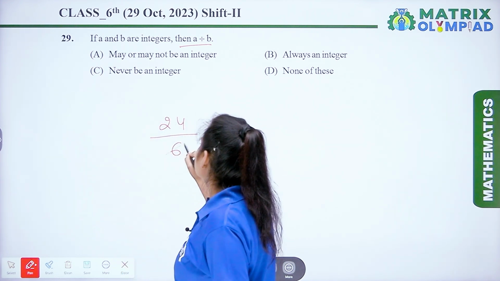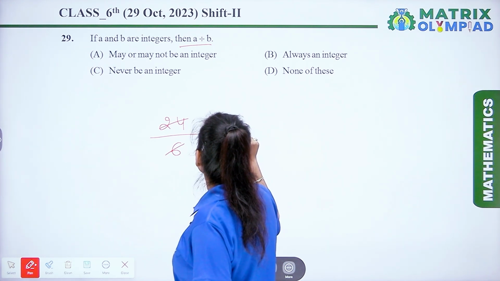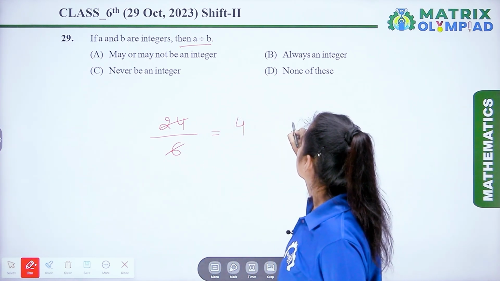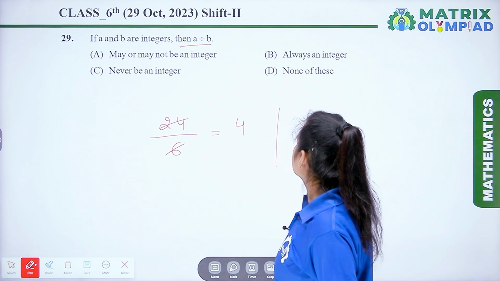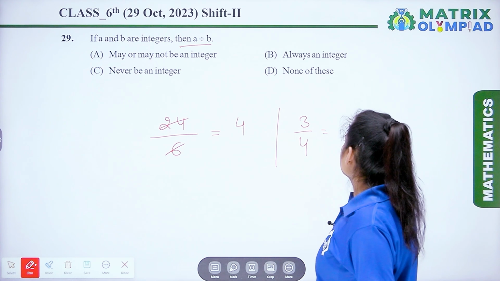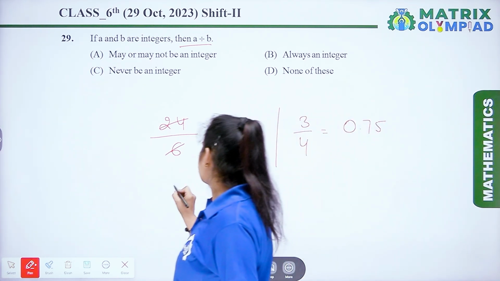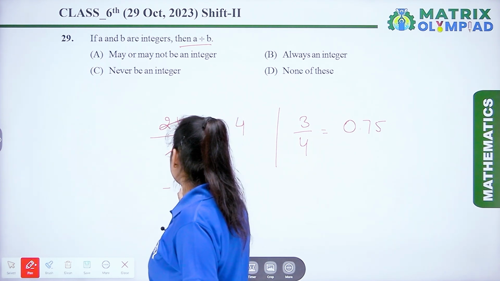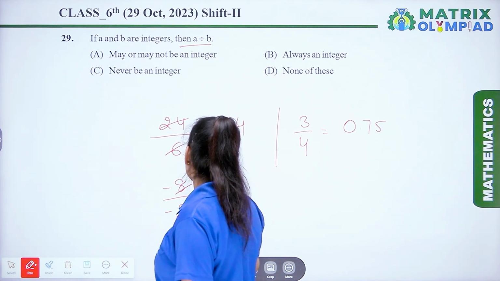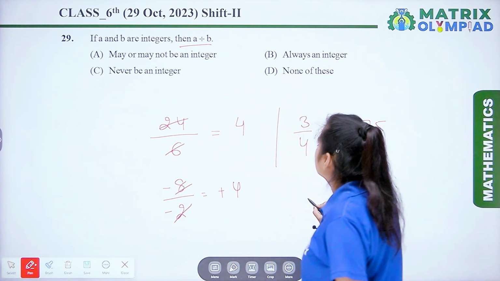So after division, we get 4 here, which is a positive integer. Next, if we have 3 upon 4, then the number is in the decimal form. If the numbers are in the negative, it is positive.